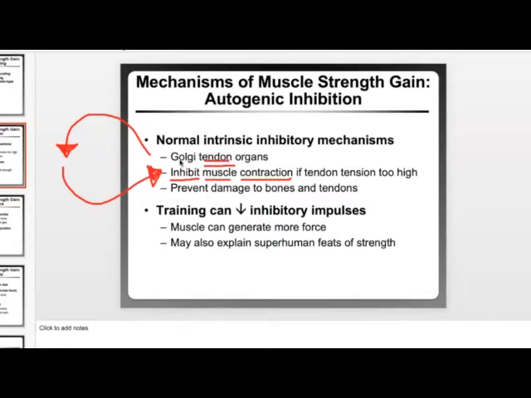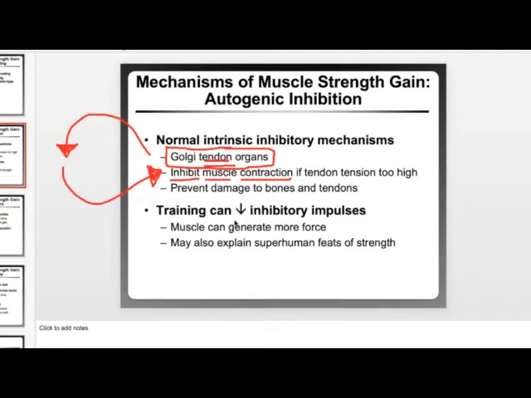So these inhibitory muscle contractions are an instinctual or reflexive action to maintain the integrity of your tendons and neuromuscular system. And that's a good thing because it's preventing damage.